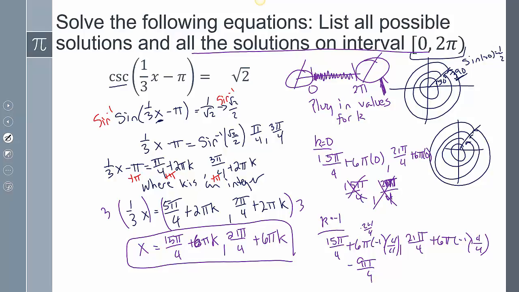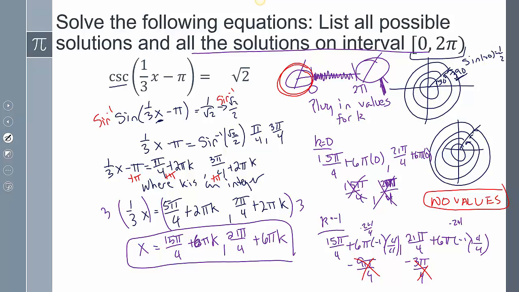And then for this one, -24, that's going to give me -3 pi over 4. Now both of those are negative, so that's going to actually be on this side of the interval, and so those don't work either. And so believe it or not, there's no values that are between 0 and 2 pi. And so that's going to be my answer for that one.